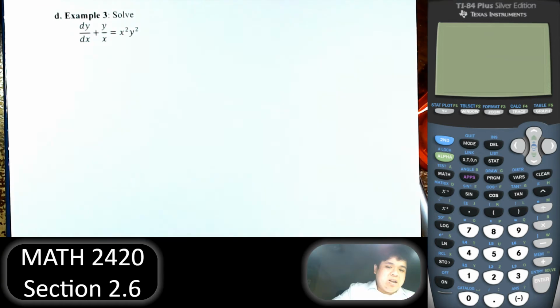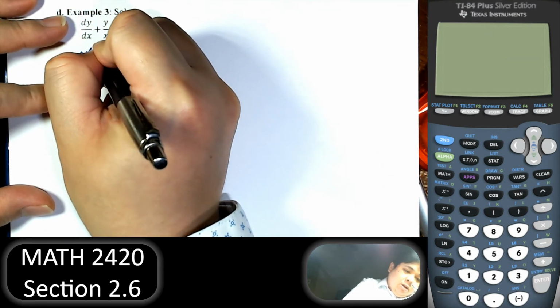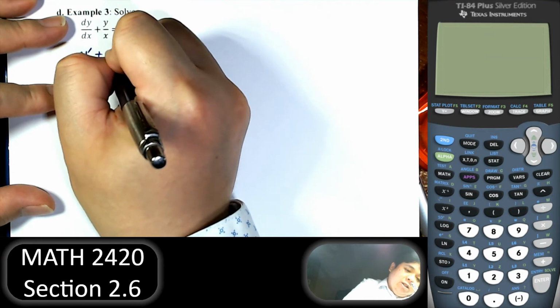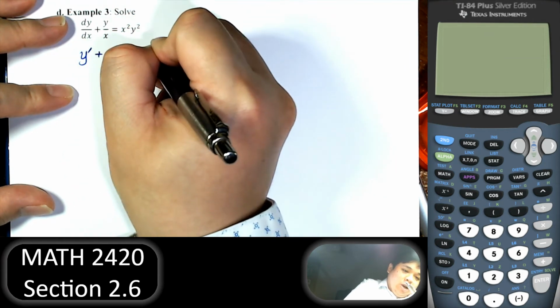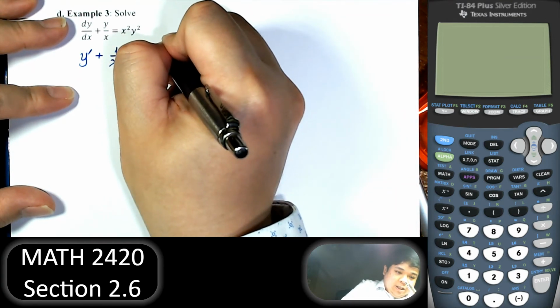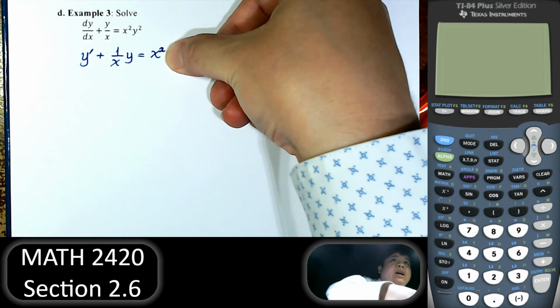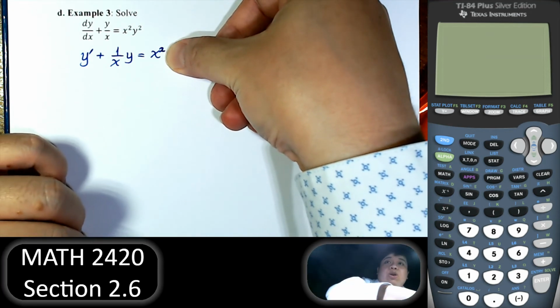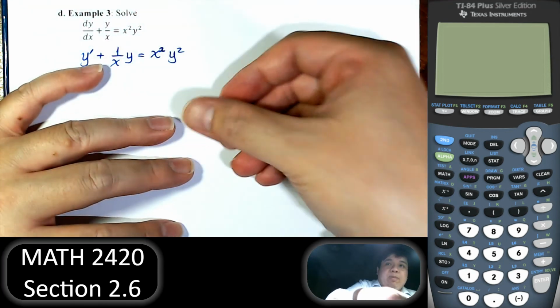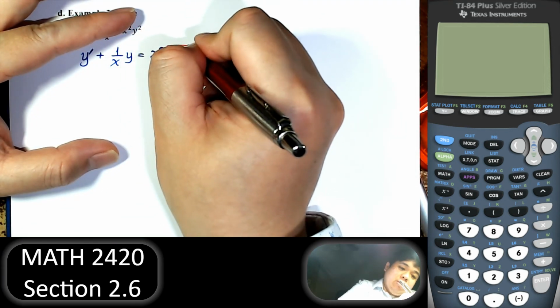Let me just rewrite this. y prime plus 1 over x y equals x squared y squared, sorry. Once again, without the y squared, that is a linear first order equation. So when we have y squared or y raised to any power, this makes it a Bernoulli equation.